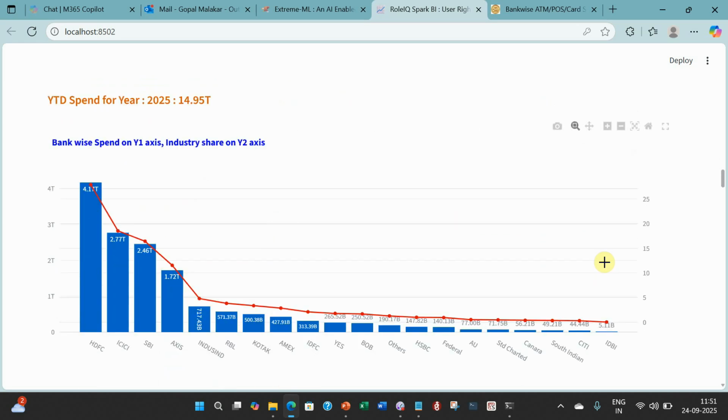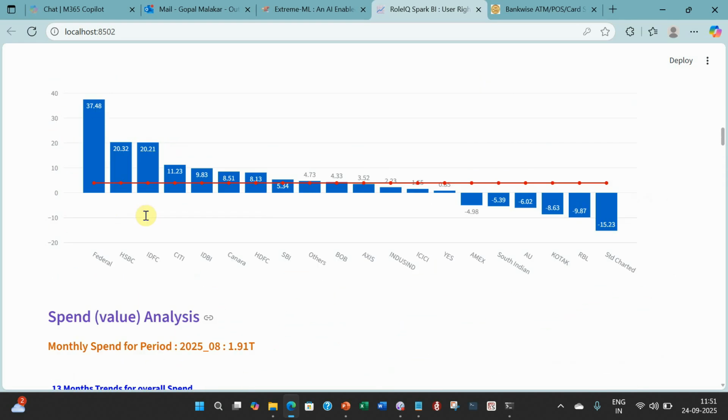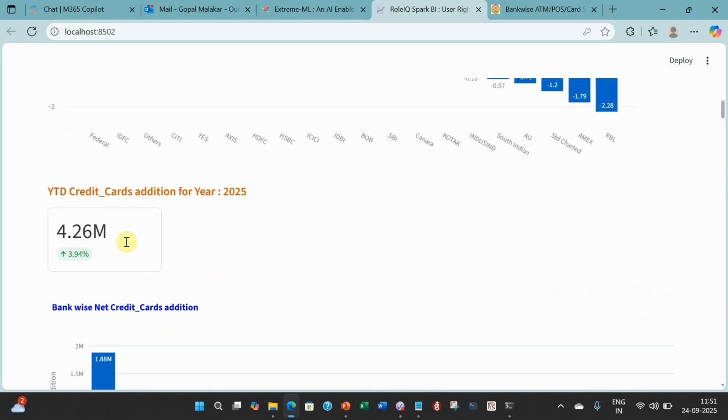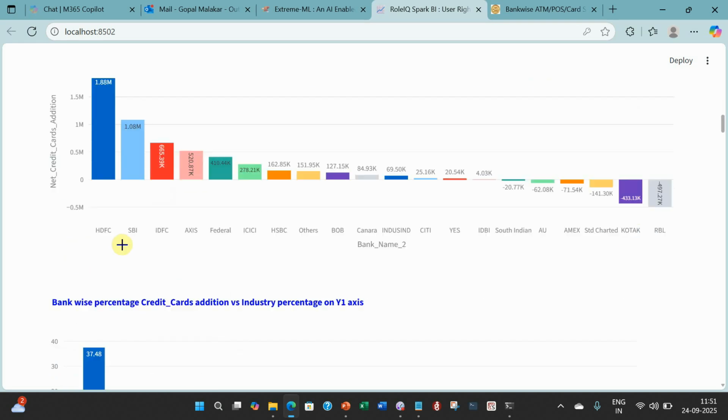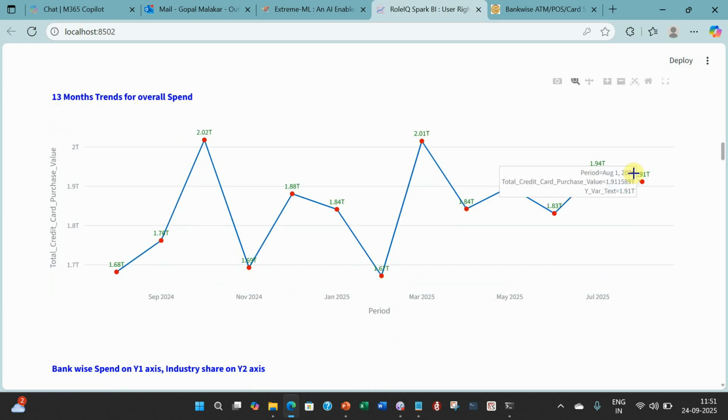Look at YTD. YTD means the entire 2025, how things have been. 14.95 trillion has been the total credit card spend. Out of that, 4.17 trillion is directly from HDFC alone.